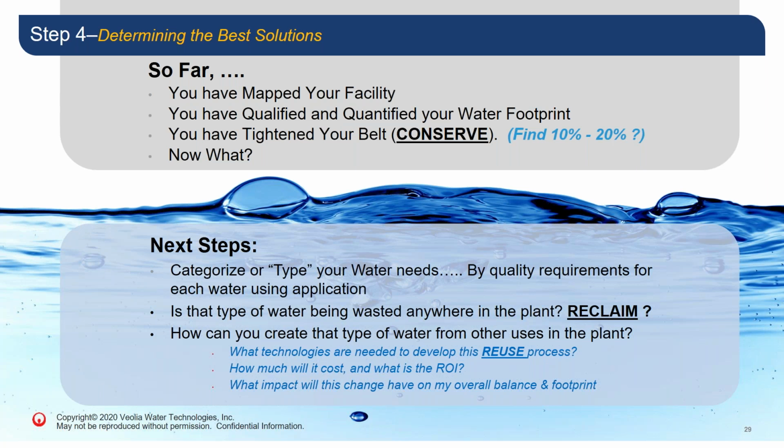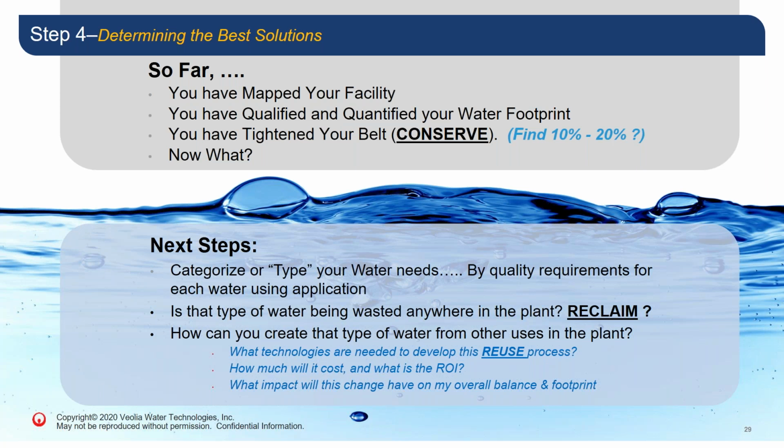And if so, can I reclaim that water back into another similar application, as we talked about previously? If it doesn't already exist in the plant, how can you create that type of water from other waters that are being let go, discharged, or sent to drain?